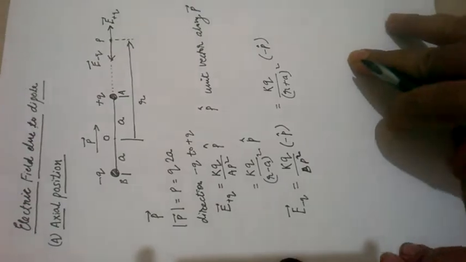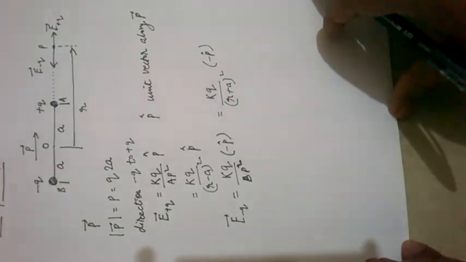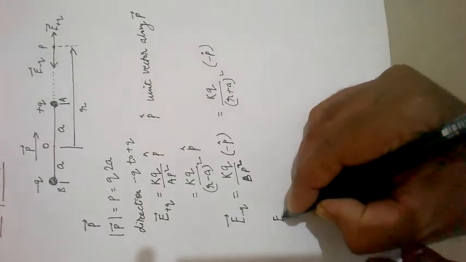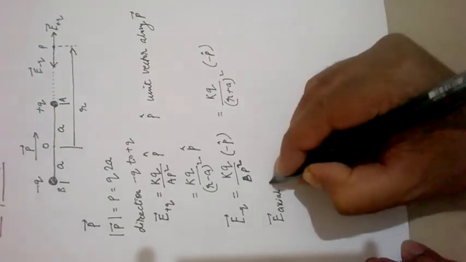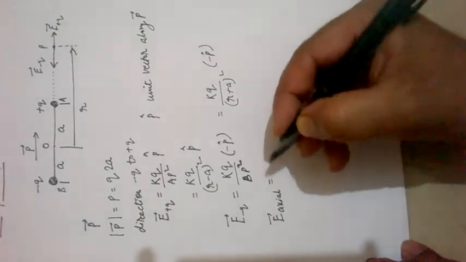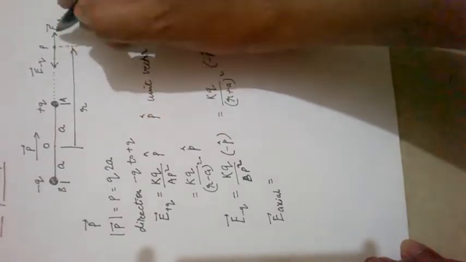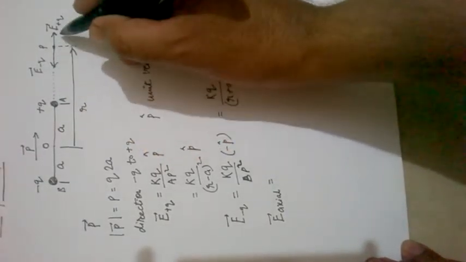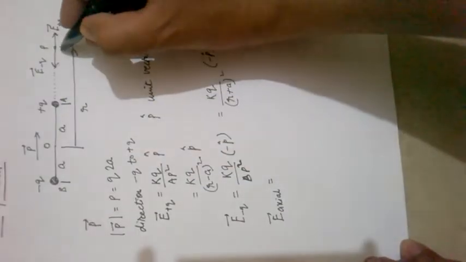Now how do we find the net electric field? The superposition principle tells us that the net electric field at any point is the vector sum of these two electric fields. The closer charge will have more effect than the farther charge, so I will take the direction of the electric field in this direction.